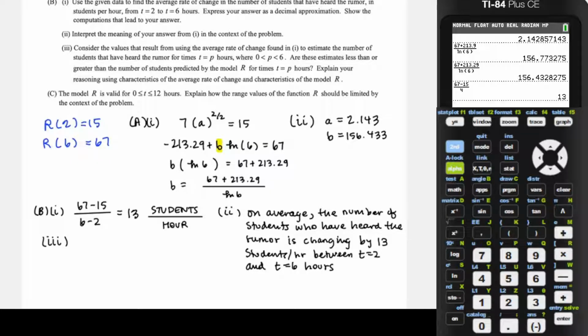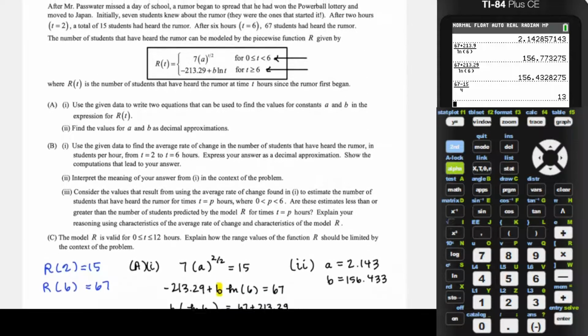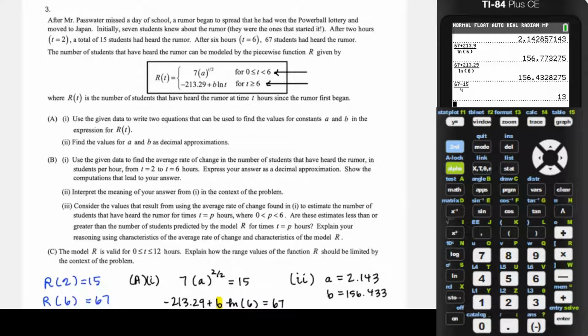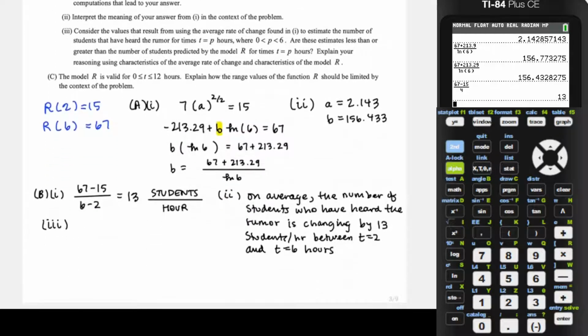So consider the values that result from using the average rate of change to estimate the number of students who have heard the rumor, time t between 0 and 6. Okay, going back to the model, 0 to 6 was an exponential model. It was 7 times 2.143 to the t over 2. That's an exponential growth curve. And so, I'm going to say from 0 to 6, I've got exponential growth, right?